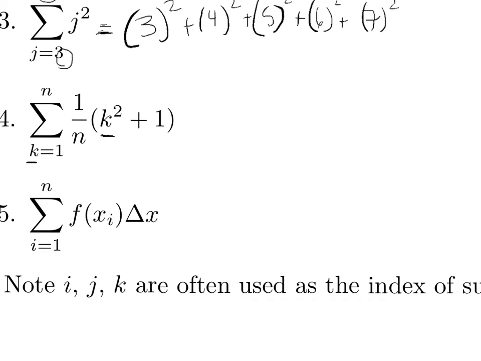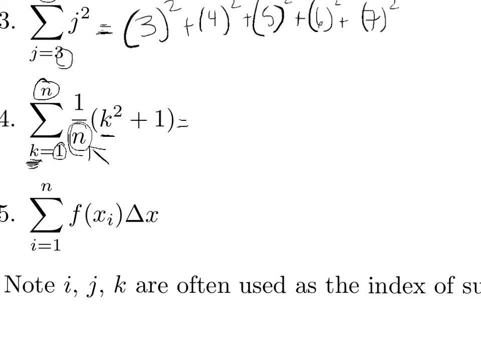What's our lower bound? 1. And what's our upper bound? n. You'll notice that n also appears here, but in here it does not change. In here it is a constant, so there's nothing that we're doing to that n. That n is not changing. The only thing that changes is our index of summation, our k.